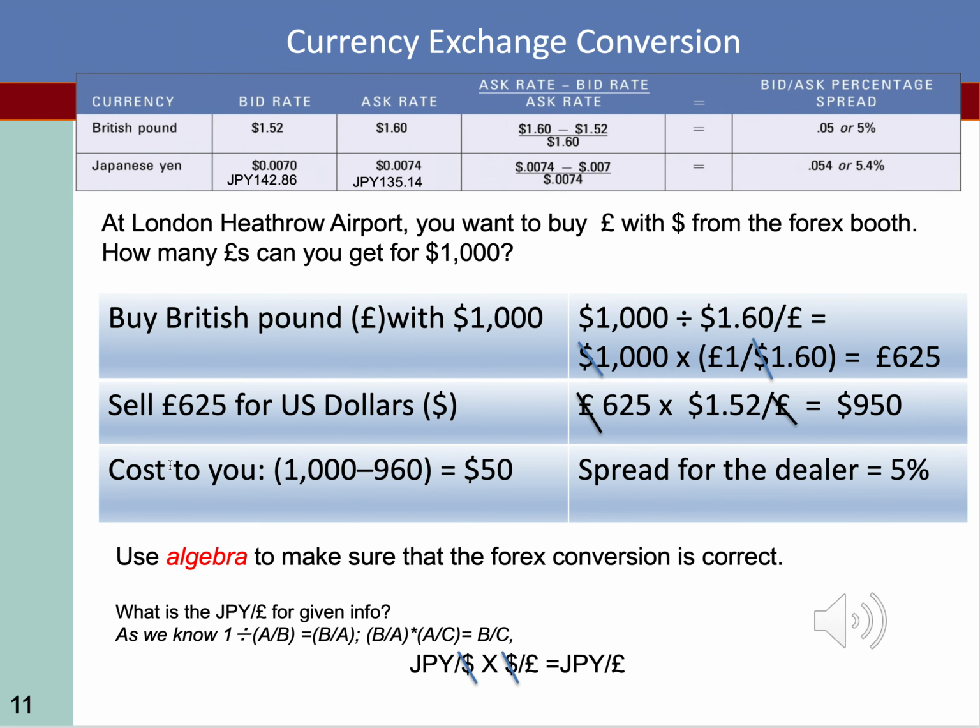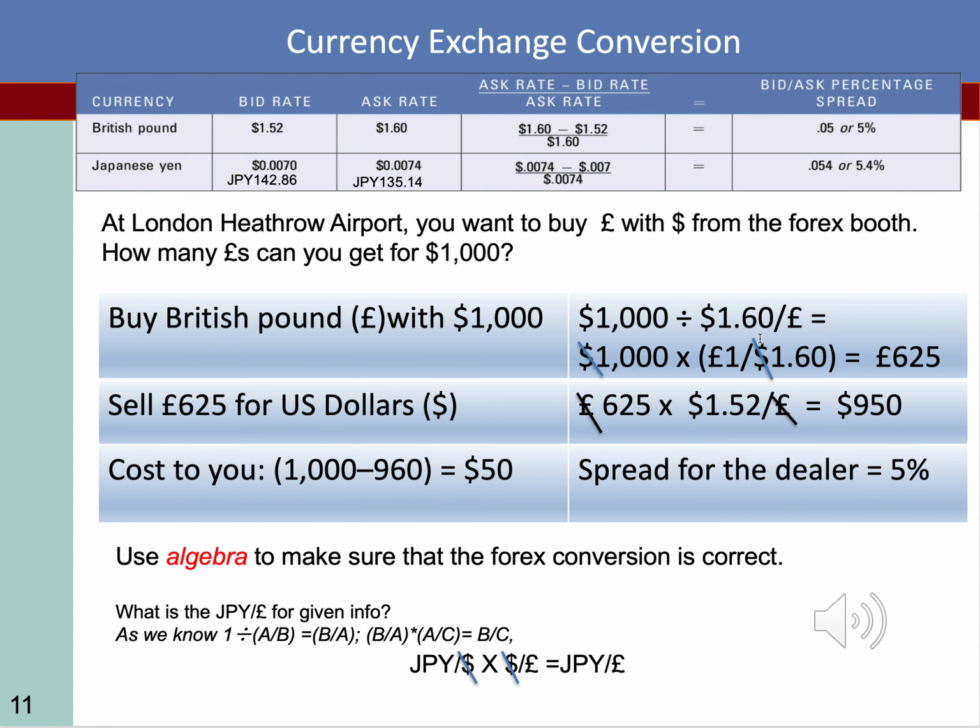In algebra, we know, for example, that 1 divided by A/B is equal to the inverse, B divided by A. Now, we know we're using the asking rate 1.6. If you multiply instead of divide, you will get dollars squared, so it doesn't make sense. So you have to divide. You divide it by 1.6. When you divide, you multiply by the inverse of it.